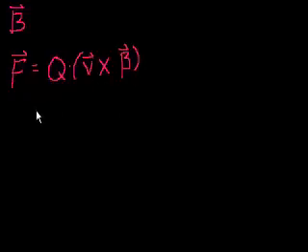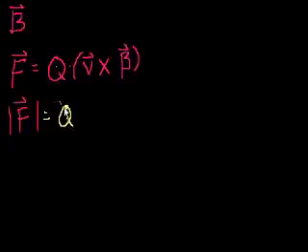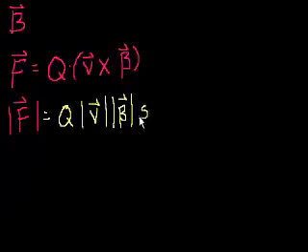So we know that the cross product is the same thing as, so let's say, what's the magnitude of the force? The magnitude of the force, and I'm going to arbitrarily change colors, is equal to the magnitude of the charge, this is just a scalar quantity, times the magnitude of the velocity, times the magnitude of the field, times sine of the angle between them.